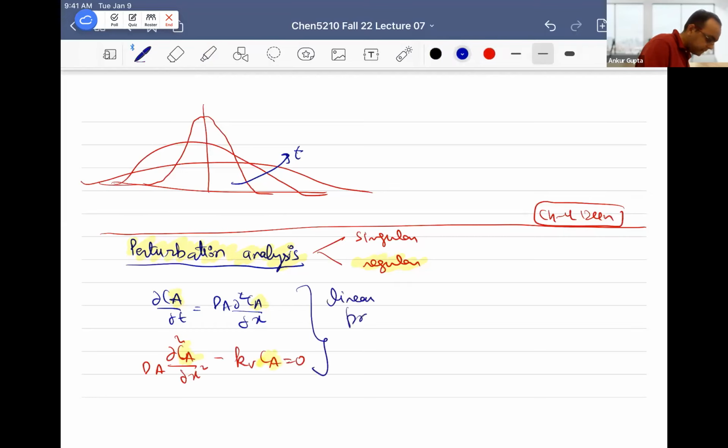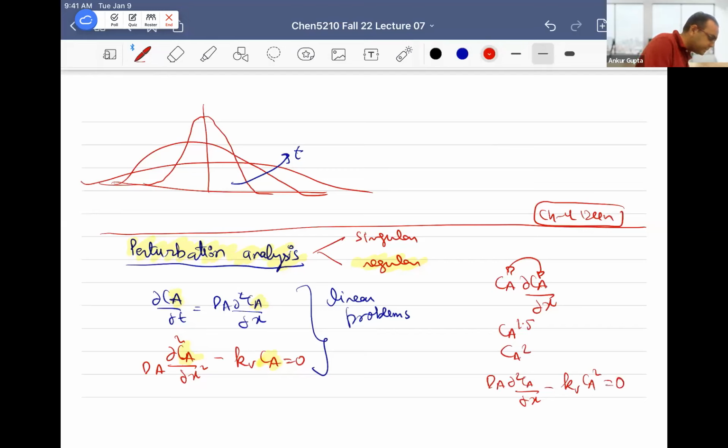Perturbation, however, helps significantly when you have non-linear problems. What are examples of non-linear problems? If you have C_A del C_A by del X, so C_A being multiplied with C_A, or C_A to the power of 1.5 somewhere, or a C_A square, for example D_A del square C_A by del X square minus K_V C_A square, a second order reaction.